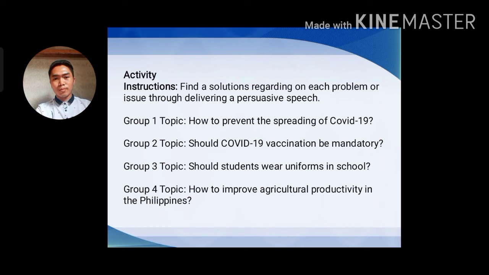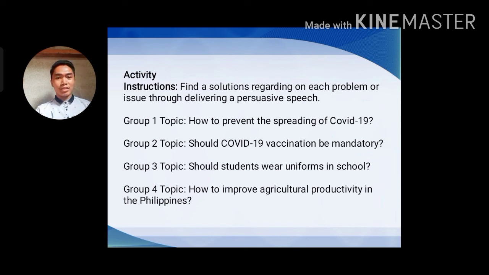For me also, I agree that students must wear uniforms inside the school in order for them to be easily identified as students. And also, if they wear uniforms in school, they are looking good and they are looking formal, right?